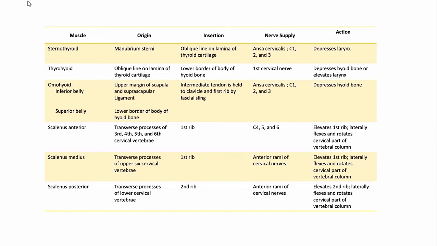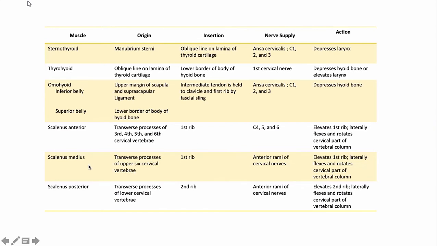The action of the muscle is to elevate the first rib. Or if the first rib is fixed by contraction of the intercostal muscles, the muscle laterally flexes and rotates the cervical part of the vertebral column.